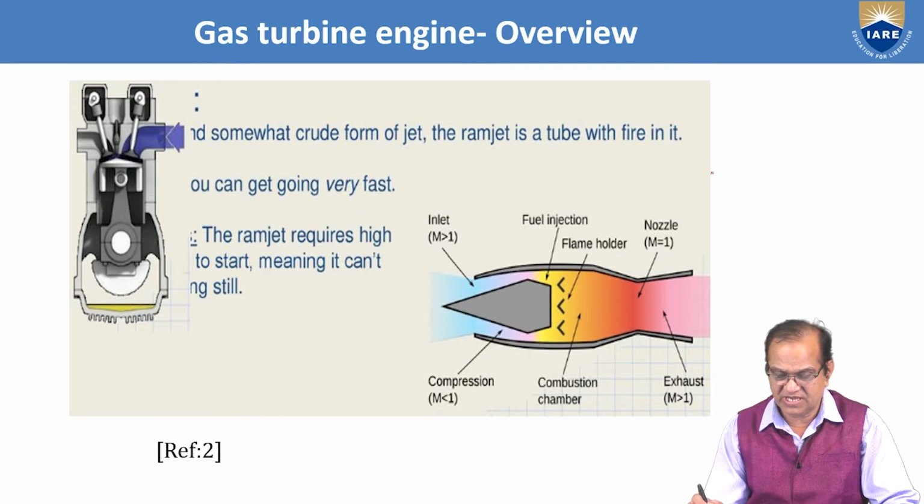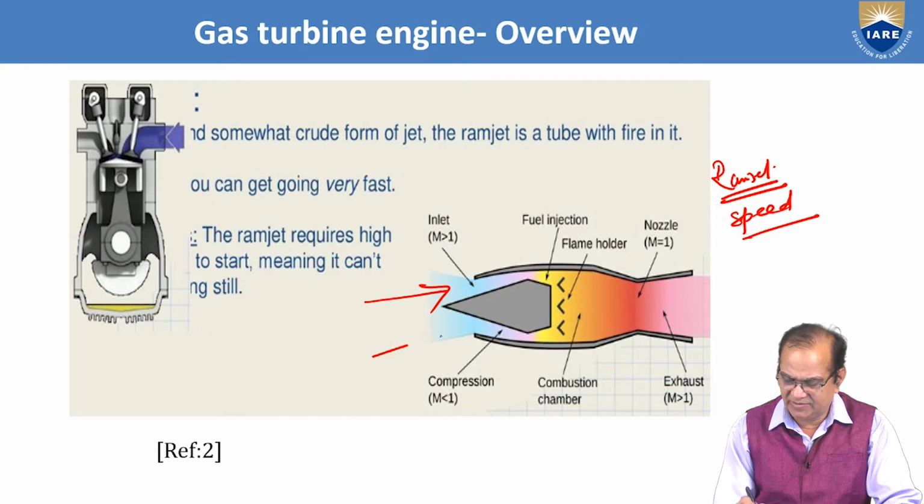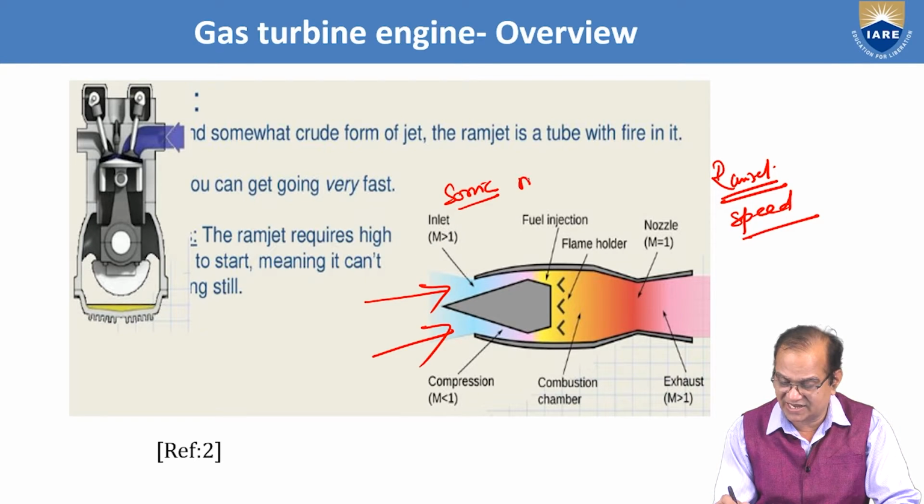So this is the ramjet, and to fire this ramjet we need speed. This speed should be more than the sonic speed. So this is used for the missiles, air to air missiles.